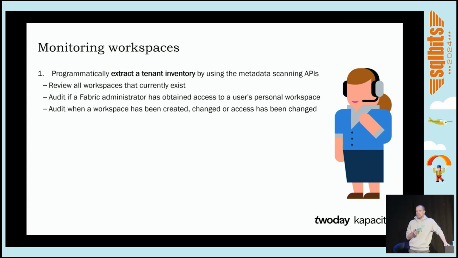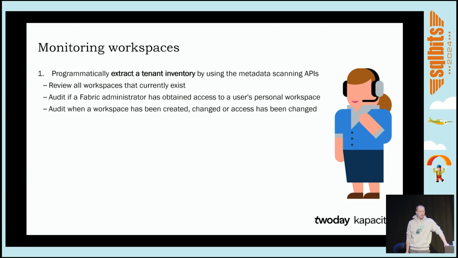But with this in place, we can answer these questions: we can review all the workspaces that exist, both now and those created later, and we can also audit and see who has access to different workspaces, also a very important part of governance.